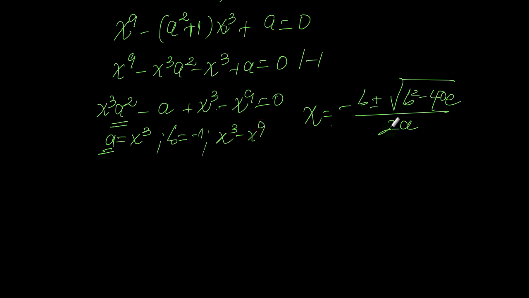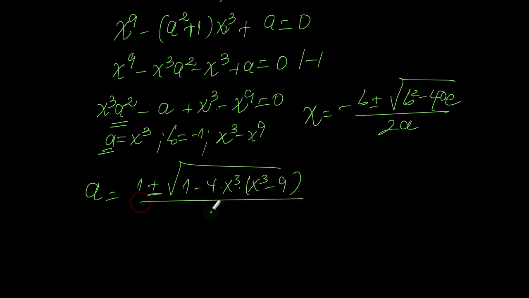So now let's apply this formula. Our x in this case is the a here, so we're going to have a equals minus b, which is -1, so we have 1 here, plus or minus square root of b squared, which is -1 squared, which is 1, minus 4 times a, which is x to the 3, times c, x to the 3 minus x to the 9, and then all this divided by 2 times a, which is x to the power of 3.